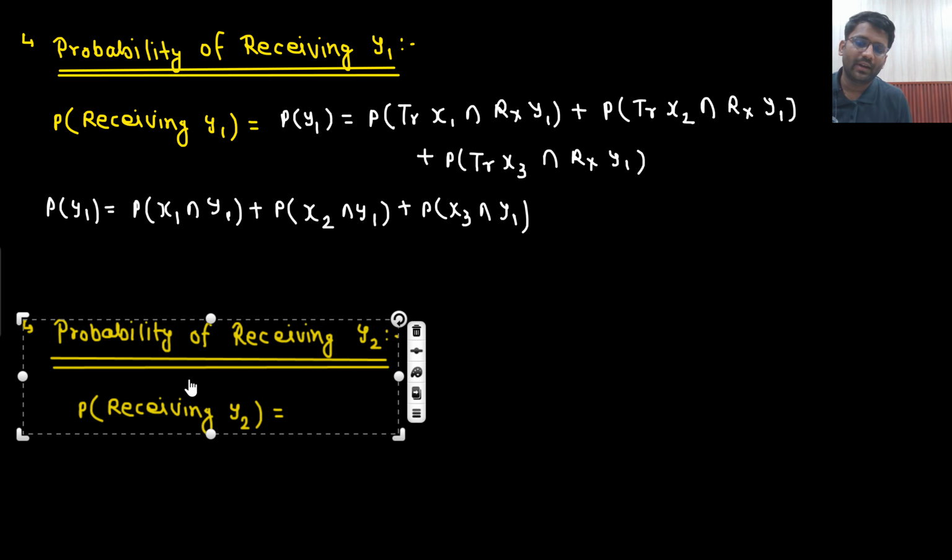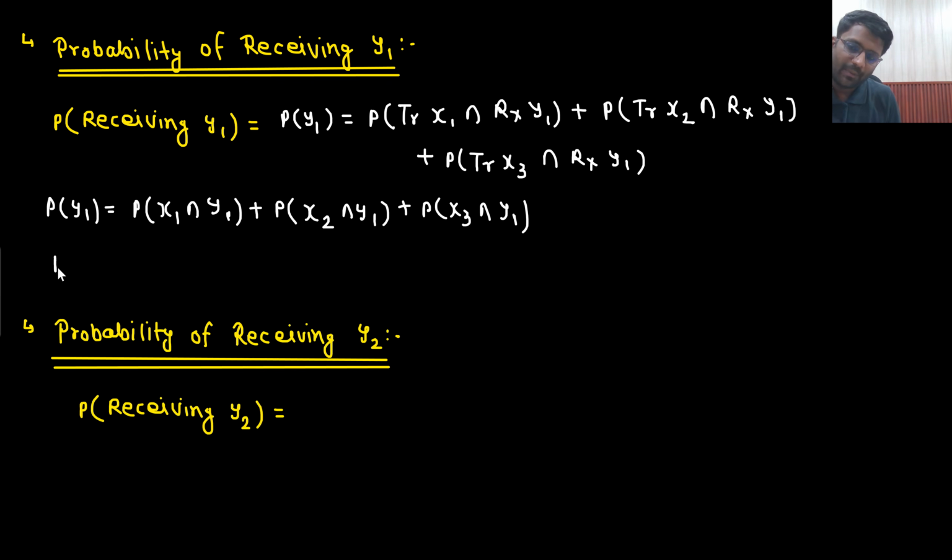And can you write down another way of it? Probability of receiving y1 would be nothing but the probability of x1 intersection y1, which could be written as x1 and y1. What does that mean? Probability of x1 multiplied with the probability of y1 such that x1 has already occurred.